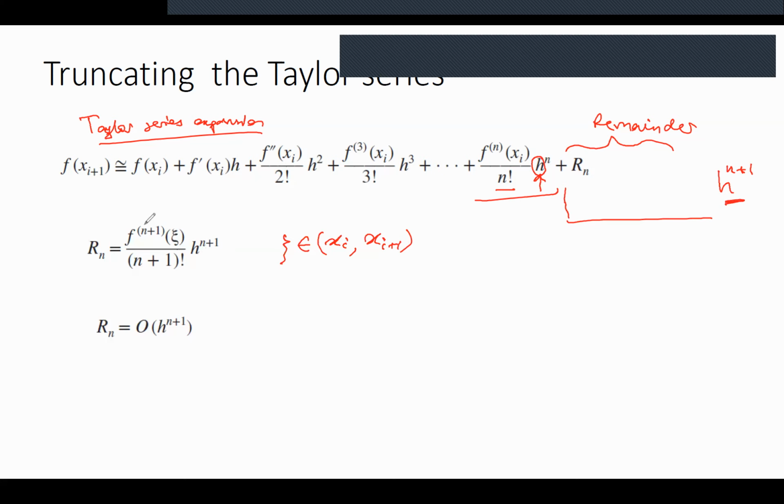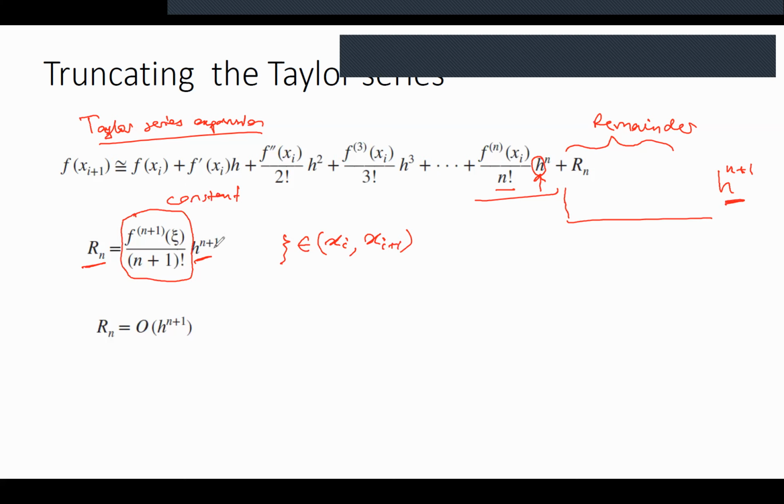So this term is simply just a number. You can imagine that we got a constant here. And this remainder is dependent on the step size h and the power of h. And as you can see, it goes to 0 with h to the power n plus 1.